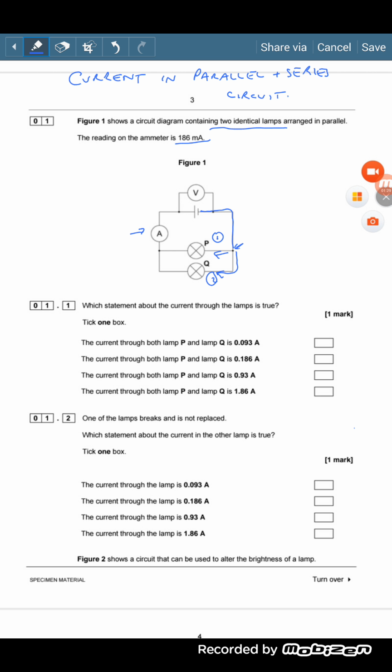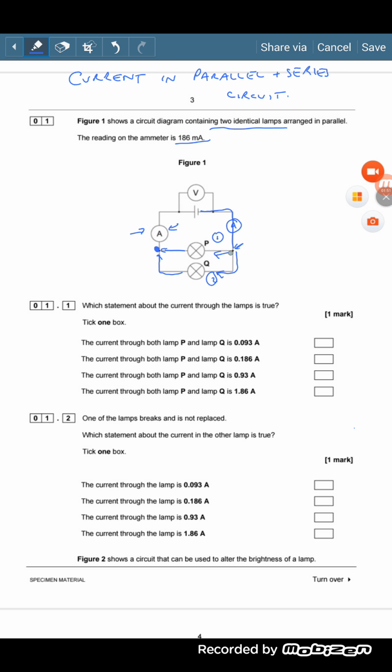And then we need to think about what the total current is. Now, the electrons that go along here come up here, the electrons have gone through that lamp, come here, and they re-meet here. So you're going to have the total current. So the point here and here are going to be the same.